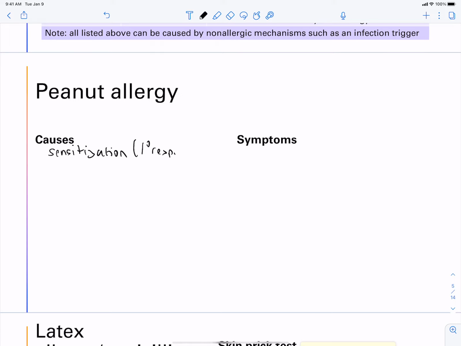And you can have it to a peanut protein ARAH2, or a peanut protein ARAH8. And ARAH2 is a stable protein. So this means that if you cook it, if you eat it, stomach acid won't inactivate it. If you cook it, won't inactivate it. And so this is the cause of the severe systemic reactions.